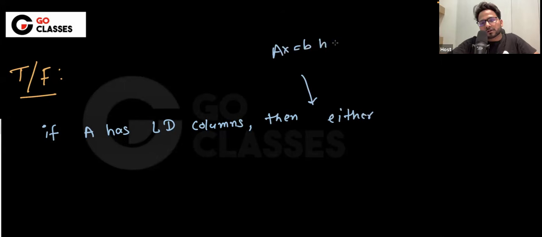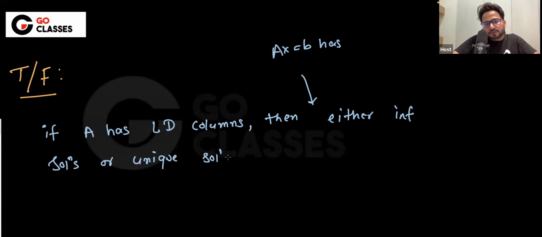Then I'm asking for Ax equal to B. Ax equal to B has either infinite solutions or unique solutions.